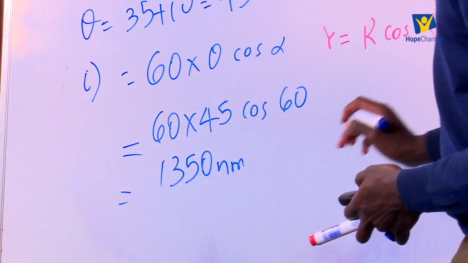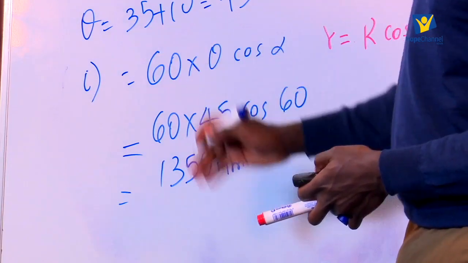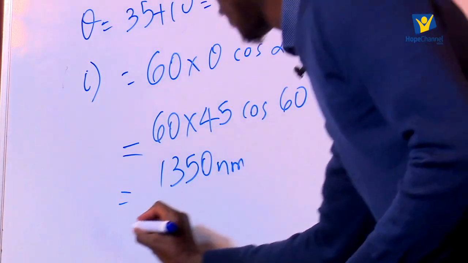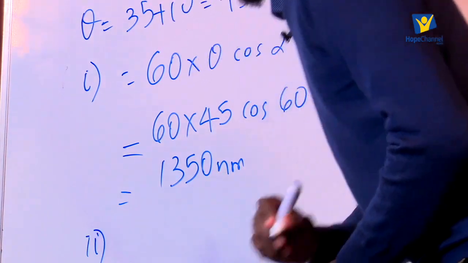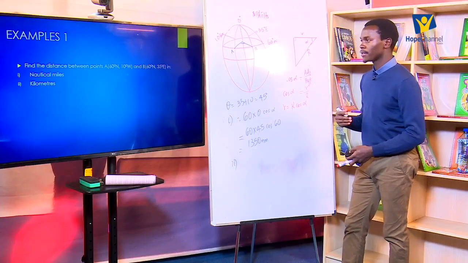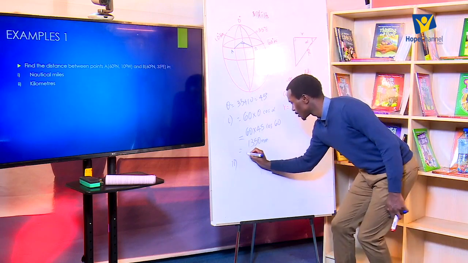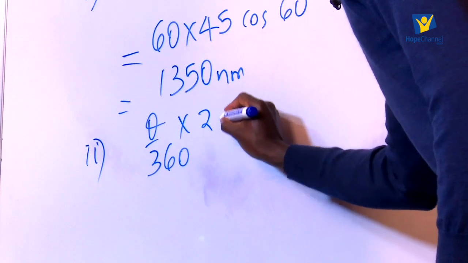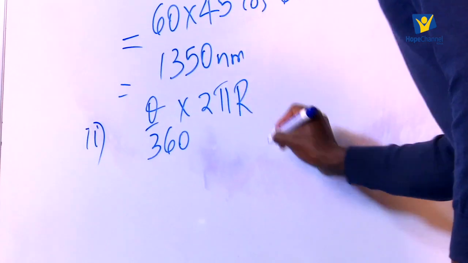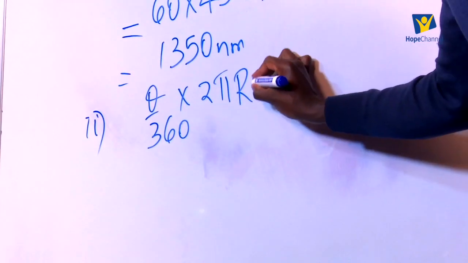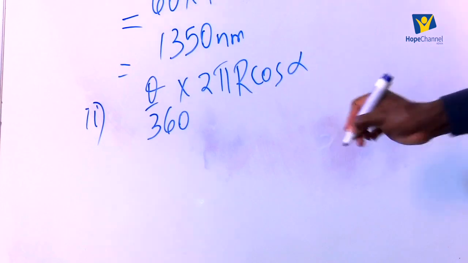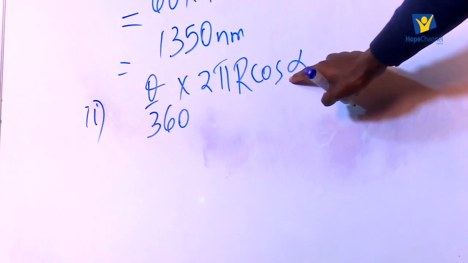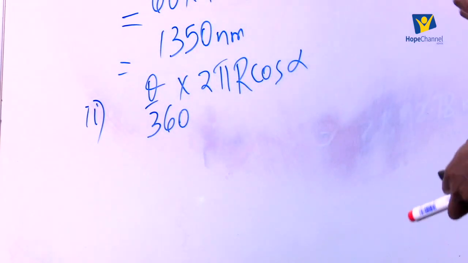Now, after getting the distance in nautical miles, part B is asking in kilometers. In kilometers, Roman 2, we're going to use theta over 360 multiplied by 2 pi r, but because the radius is different, it will be cosine of alpha, where alpha is the latitude of the 2 points.